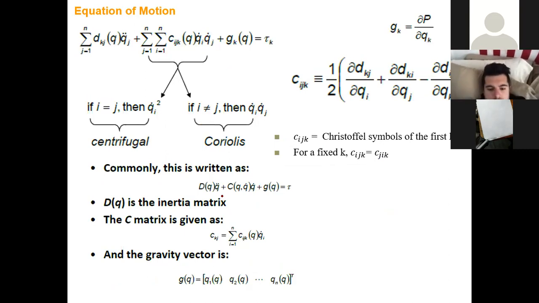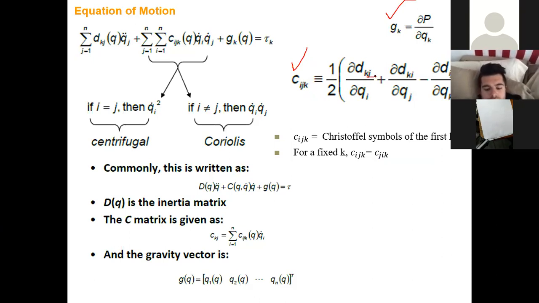Now let me define that Cijk. We defined gk. Now let me define what Cijk is. Cijk is 1/2 times the partial of dkj with respect to qi.